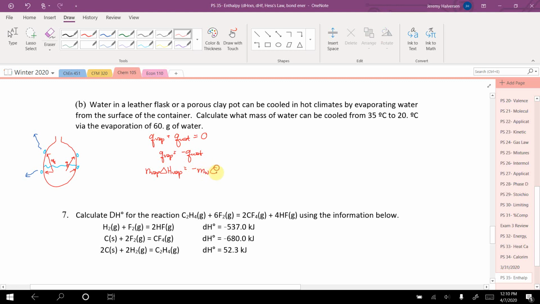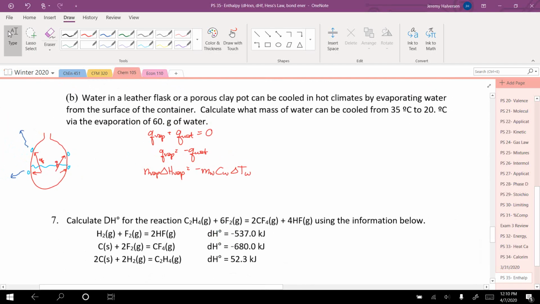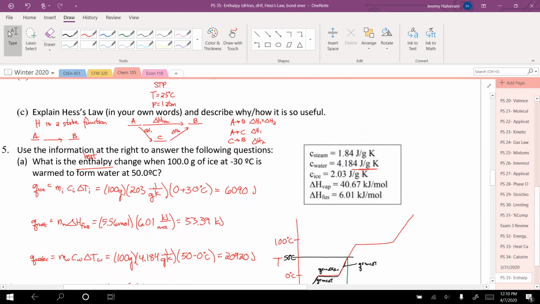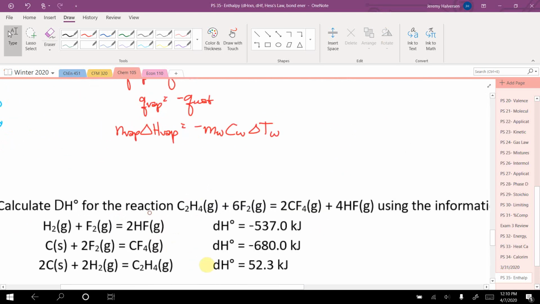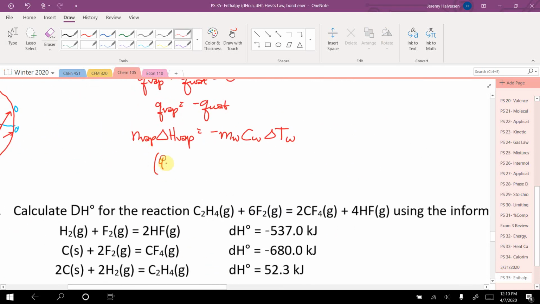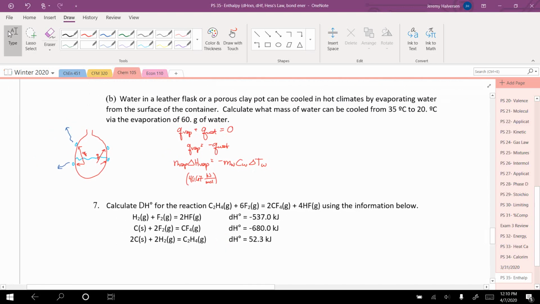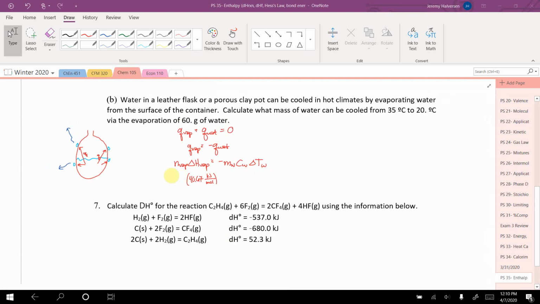So I've got the mass of the water, C of the water, the delta T of the water. We're evaporating 60 grams of water, and we're going to use a delta H of vaporization of 40.67 kilojoules per mole. And then how much am I vaporizing? 60 grams. I need that in moles, so I'll just divide by 18.